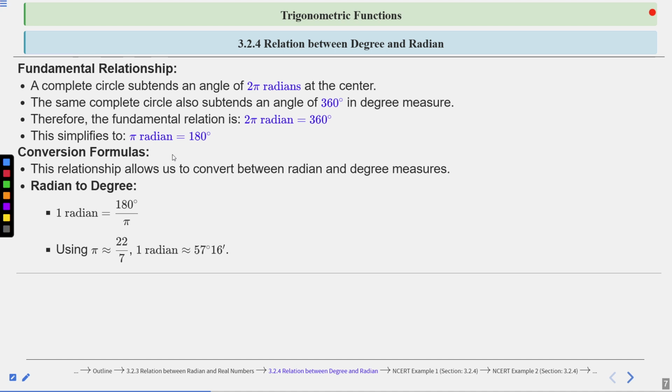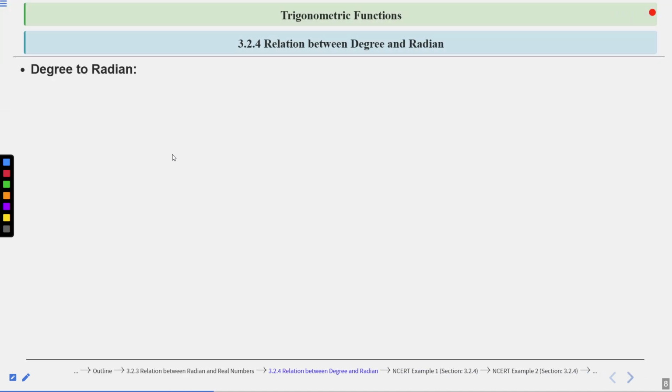However, be careful that pi is an irrational number, not a rational one. Here we are not saying that both are equal. We are approximating the pi value to 22 by 7. So using this value, you will get 1 radian is approximately 57 degrees 16 minutes. Clear?